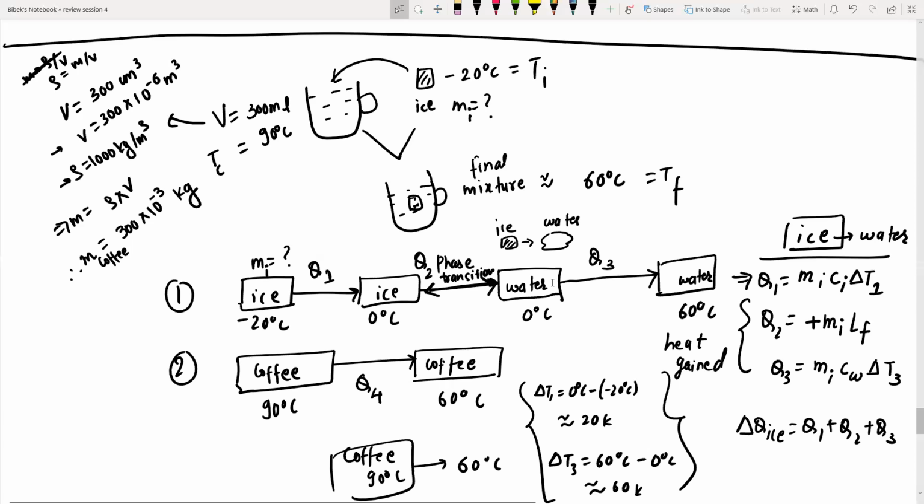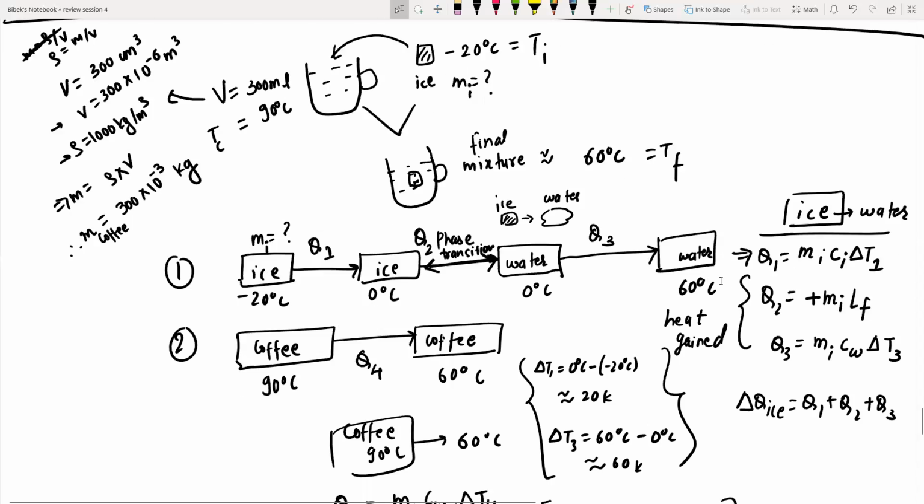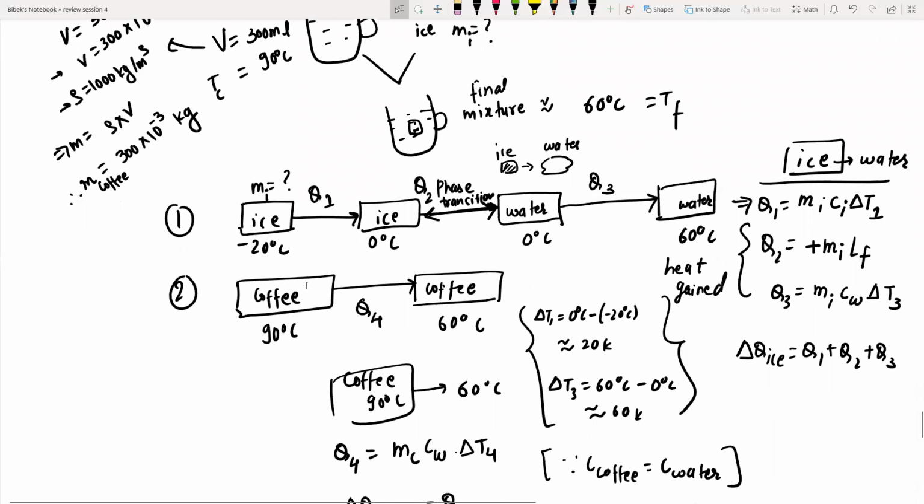This series always goes on. But here the final temperature was only 60 degrees centigrade, so I stopped here. For the coffee, there was no phase transition because it remained in the liquid phase, but the temperature decreased from 90 to 60.